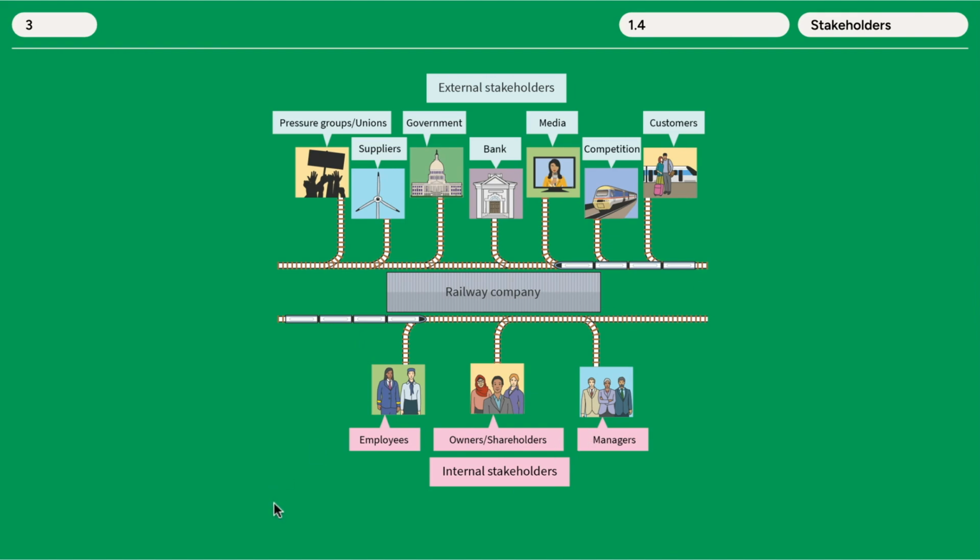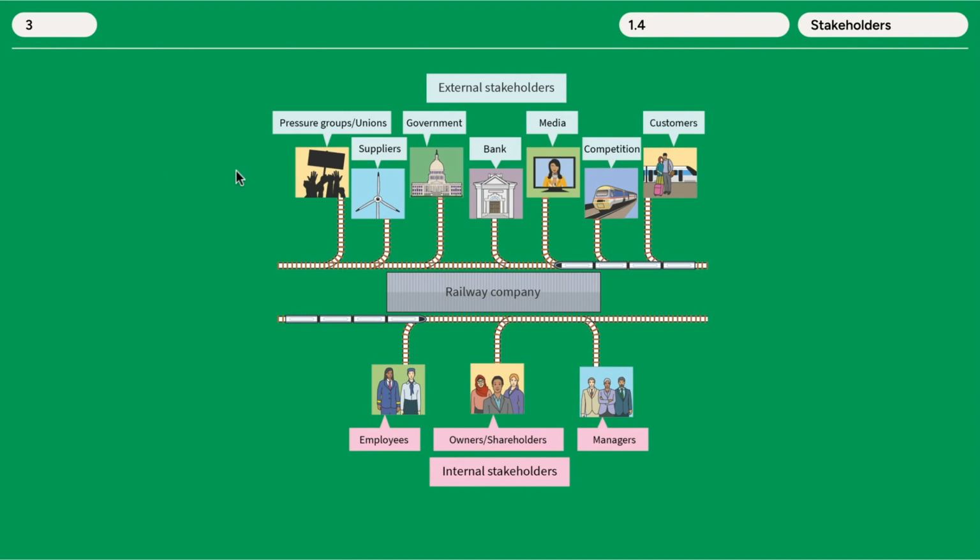Here we can see the internal stakeholders. Some examples include employees, owners and shareholders, and managers. And on the top, you can see the external stakeholders, and some examples include pressure groups, suppliers, the government itself, banks or financiers, media, the competitors, and the customers.